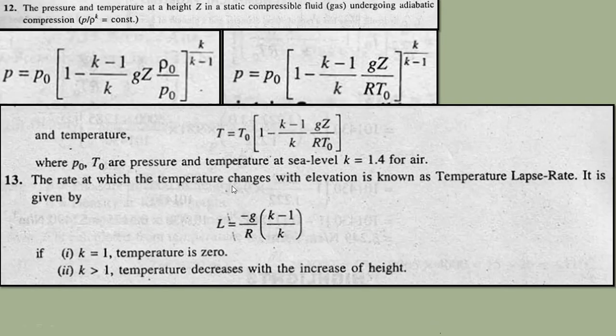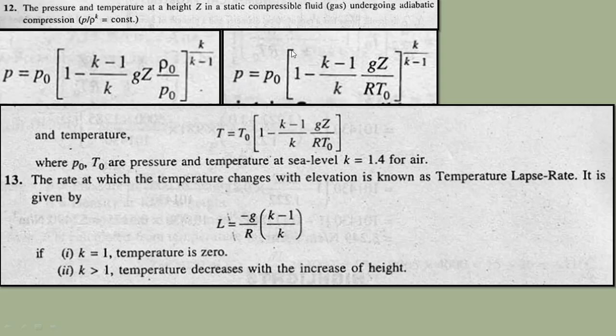Then the pressure and temperature at a height Z in a static compressible fluid, gas, undergoing adiabatic compression: P divided by rho raised to k is equal to constant. P is equal to P0 into [1 minus (k minus 1) divided by k into g Z rho0 divided by P0] raised to k divided by (k minus 1).